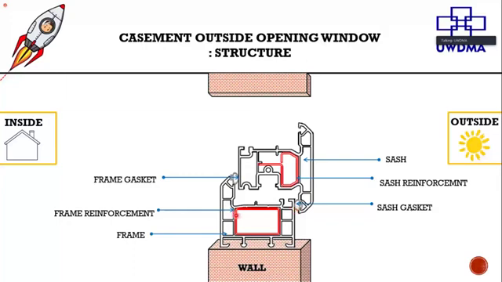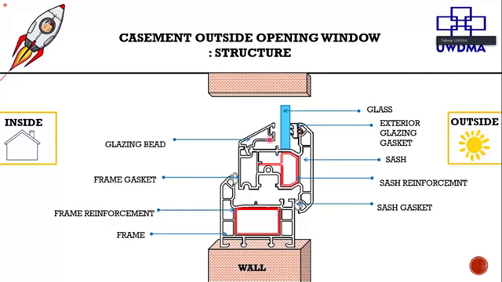So we had our frame reinforcement, sash reinforcement, frame gasket, sash gasket. We have our external glazing gasket, our glass, our glazing bead, and then our internal glazing gasket, which is fixed in the glazing bead. So this is the structure of an outside opening casement window.